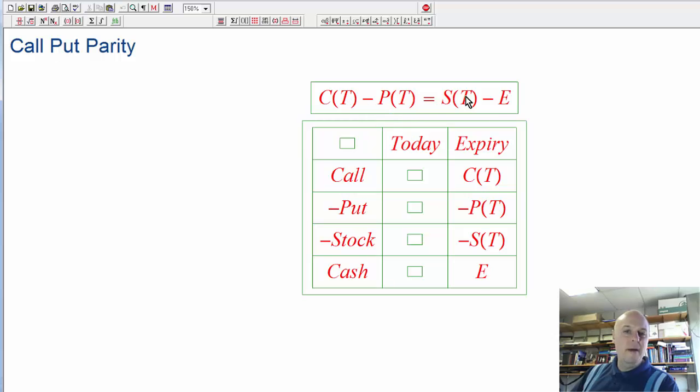Well, I'm basically moving the stock and the exercise price over to the other side. If I sum up all of these, the sum of this column, so the sum of this portfolio, if you will, the portfolio I build by buying a call, shorting a put, shorting the stock, and throwing in E cash, that sums to 0.